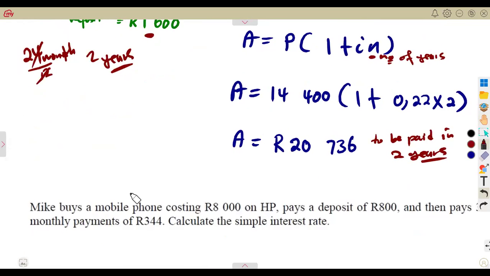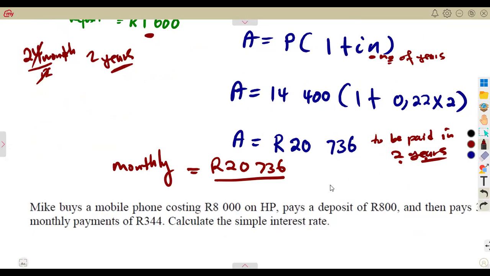That's for monthly. We are going to have the amount to be repaid. That is to be paid in what? In 2 years, which is 20,736 over what? We are not going to divide by the number of years because it's monthly. So you have to divide by the number of months.